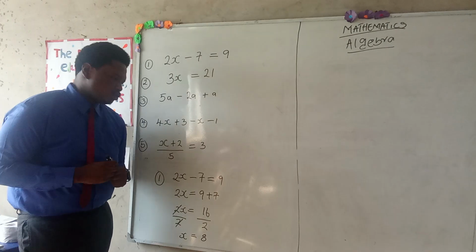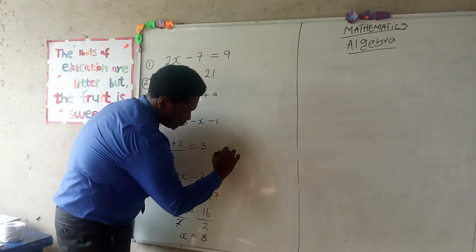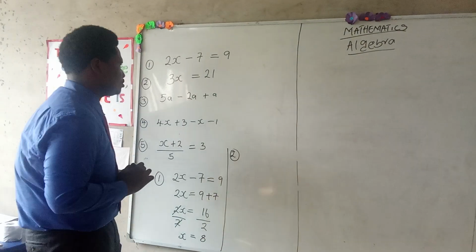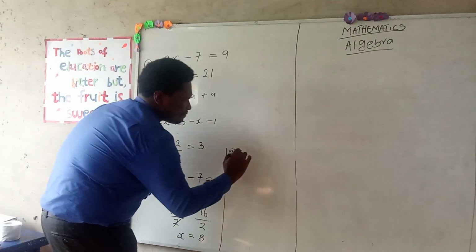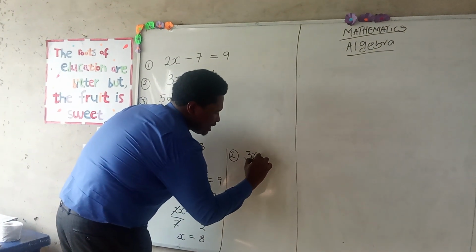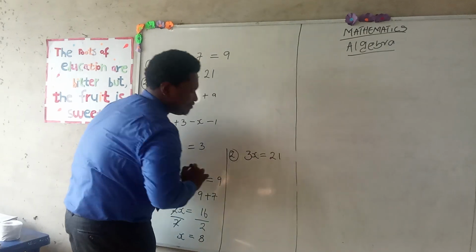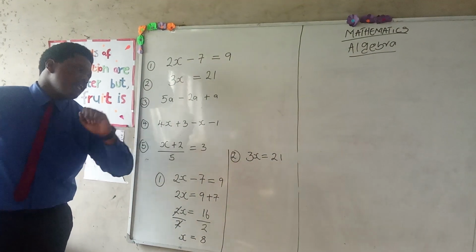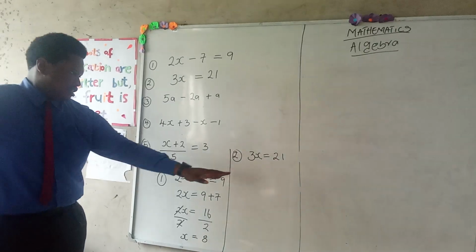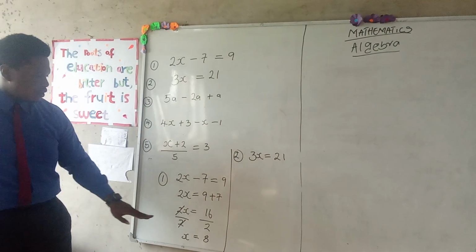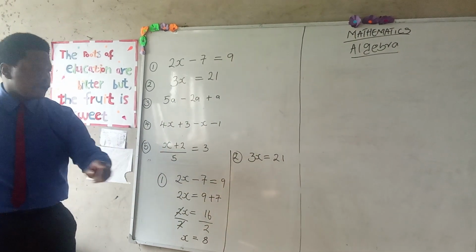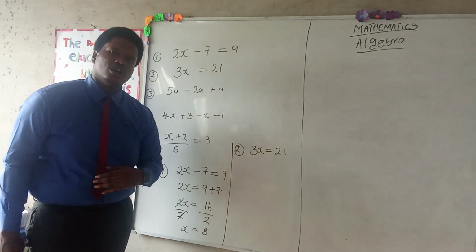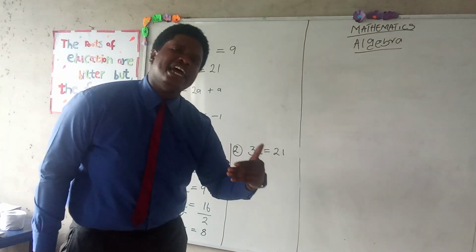Now let's go to the second question. We have 3x equal 21. This looks like the previous one where we got 2x equals 16. Since we have 3x is equal to 21, we are looking for the value of x.